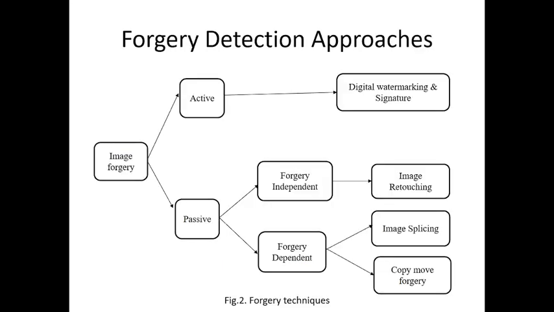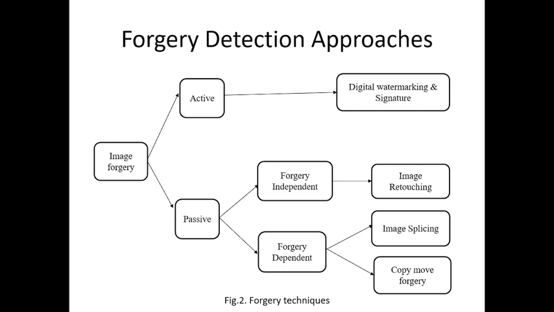There are various forgery detection approaches. Image forgery is of two types, active and passive forgery. Active forgery is divided into digital watermarking and signature, and passive forgery is divided into two categories, forgery independent and forgery dependent.